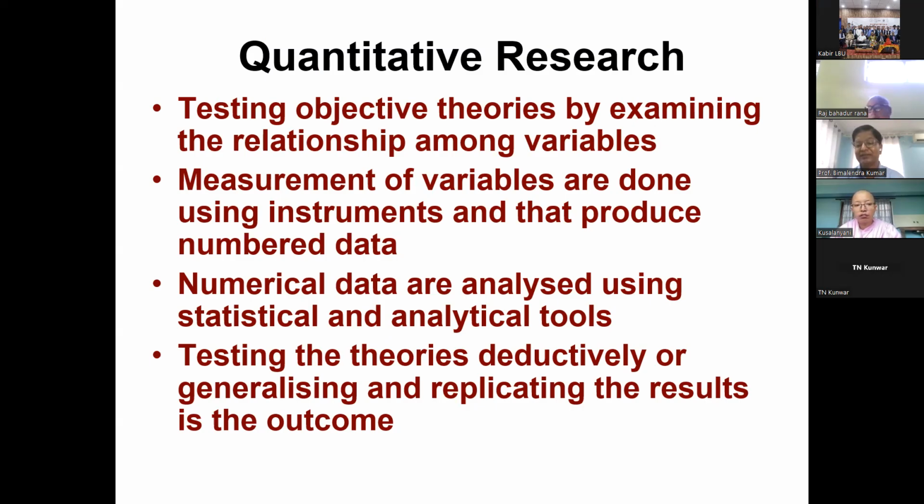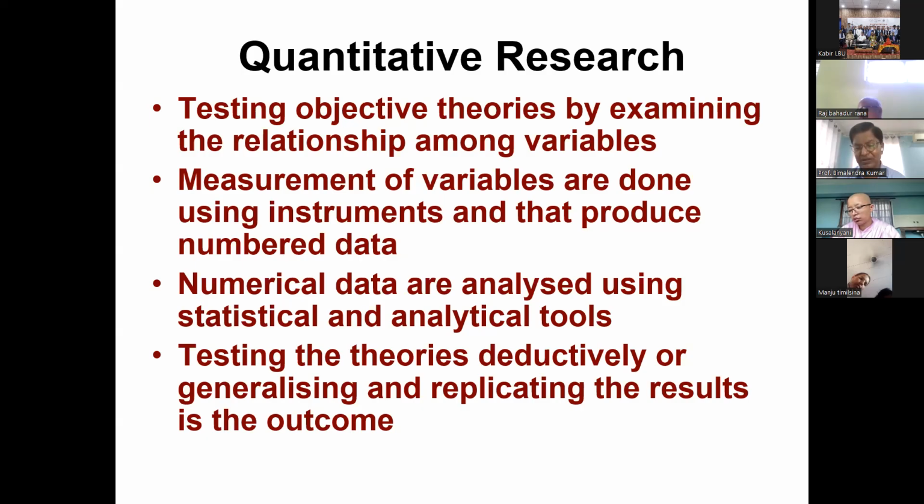Quantitative research, as the name suggests, is about quantity, where there is numbering, 1, 2, 3, 4, or where the things are variable. In quantitative research, generally, research is done to test objective theories by examining the relationship among variables.